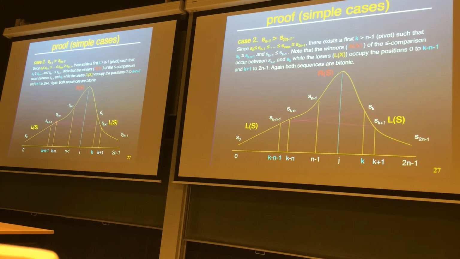And from Sk minus n until Sn minus 1, we compare them with this set, and now the losers will appear here. So, if you take the comparison, here again we have a part Ls, and there we have a part Ls, and again here we have Rs.